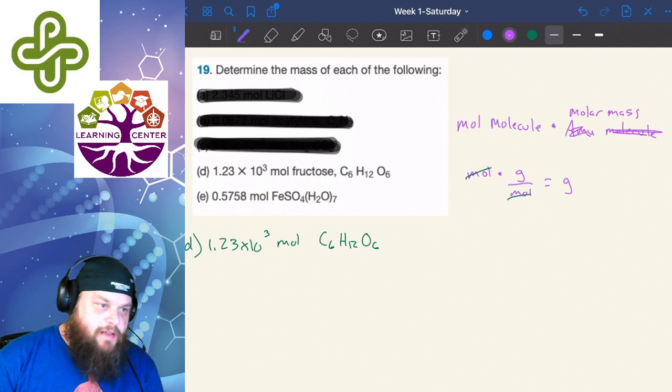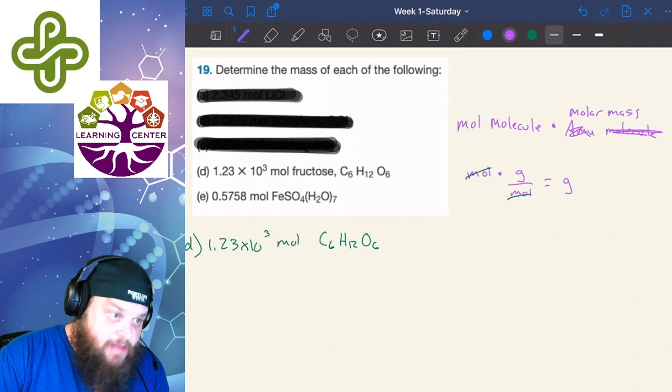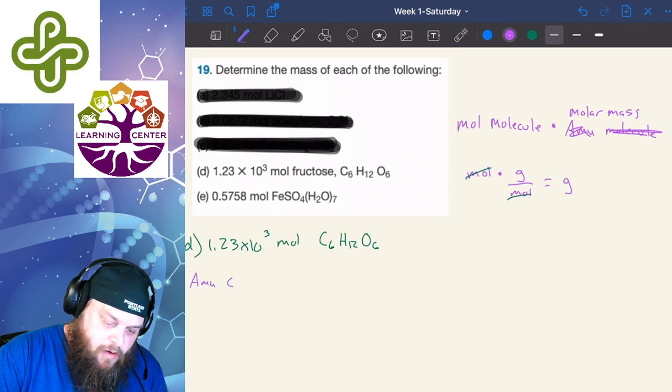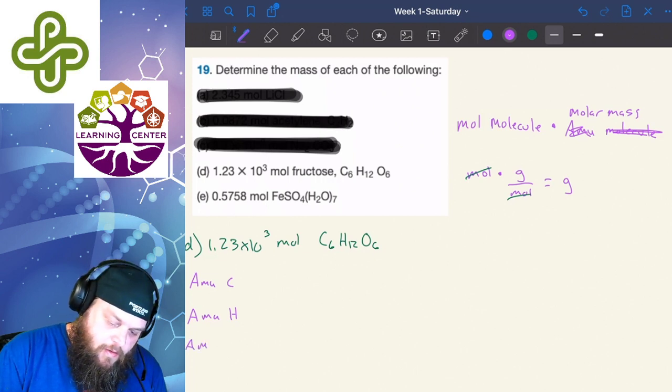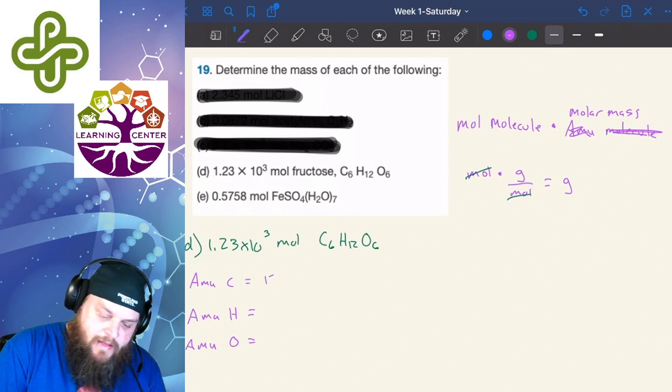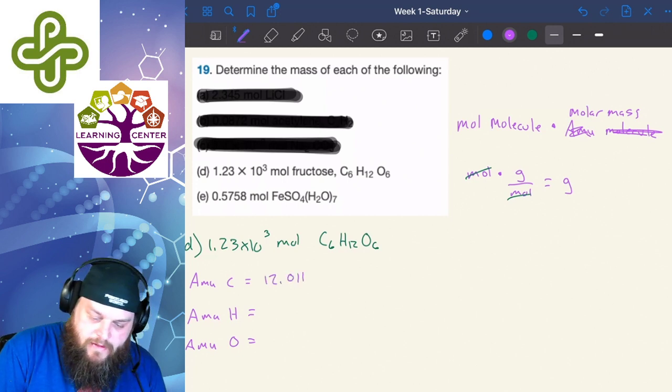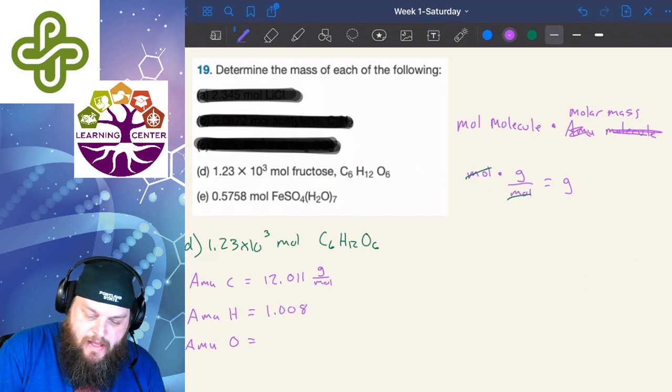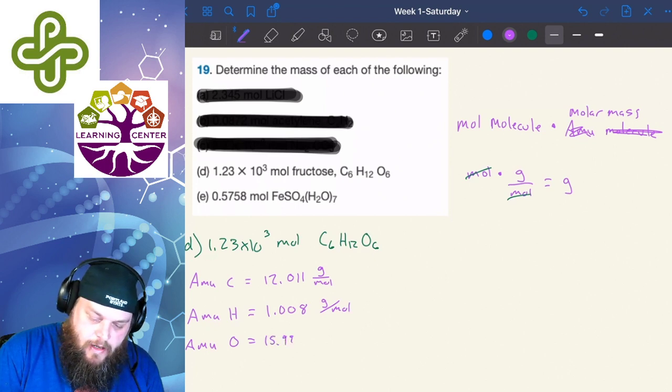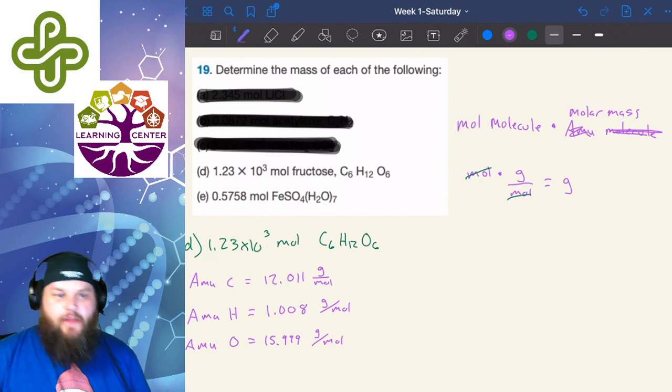So the molar mass is going to be the same thing. We need the AMU of carbon, hydrogen, and oxygen. Luckily, these are all things we've worked with in the past, so we know carbon is 12.01 grams per mole, hydrogen is 1.008 grams per mole, and oxygen is 15.999 grams per mole. We can always look that up on our periodic table.